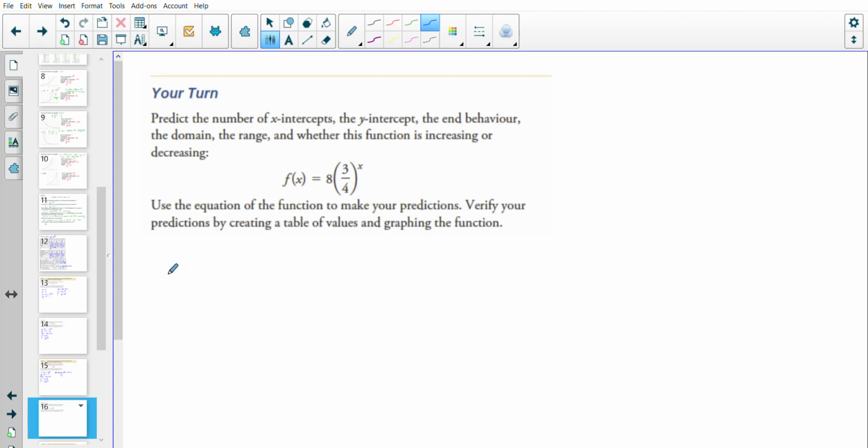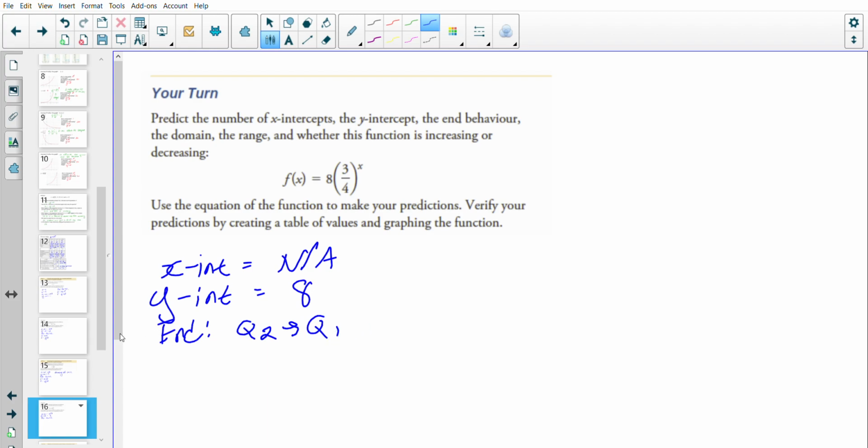Alright, so x-intercepts, again, not applicable. Y-intercept is 8 because we have an a value of 8. The end behavior is Q2 to Q1.